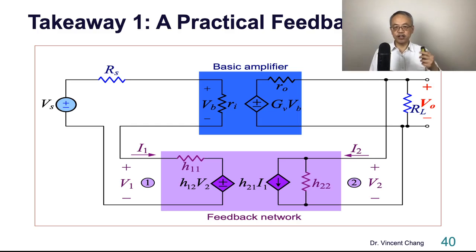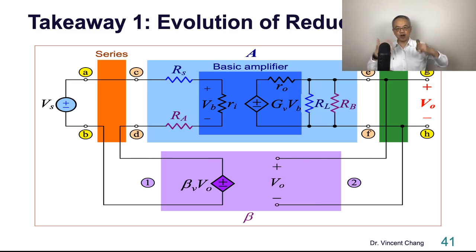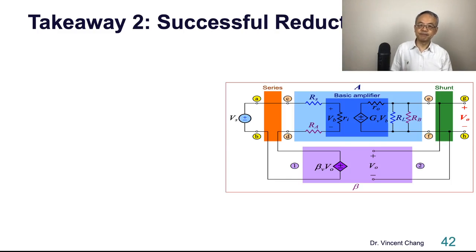So here's the takeaway. For practical feedback amplifier, our job is to understand. The keyword here, there's only one keyword, reduction. So reduce a complication into an ideal one. So this is the ideal case.